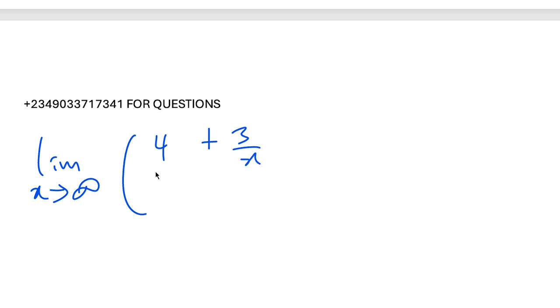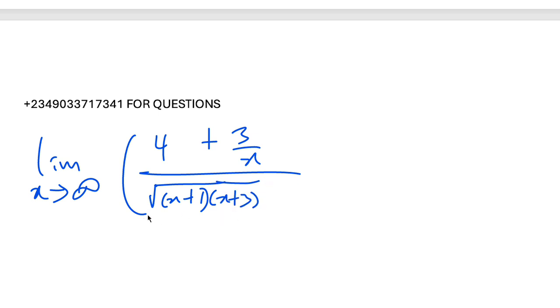Remember, we had the limit as x tends to infinity, and on simplifying we had 4 plus 3 over x, all over the root of (x plus 1)(x plus 3) over x, plus 1.